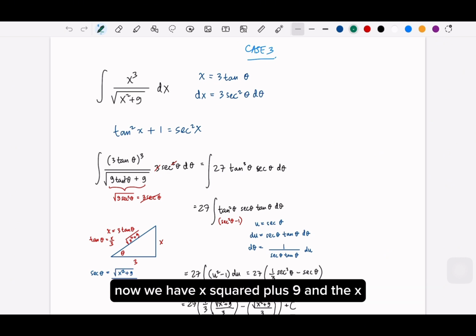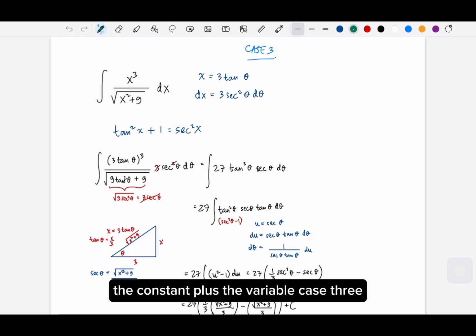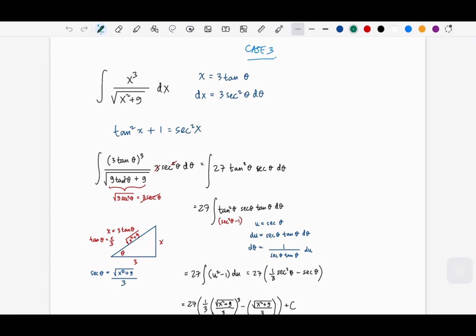Now we have x squared plus 9, dx. So this will be the constant plus the variable, so case 3. So an x plus the constant a.